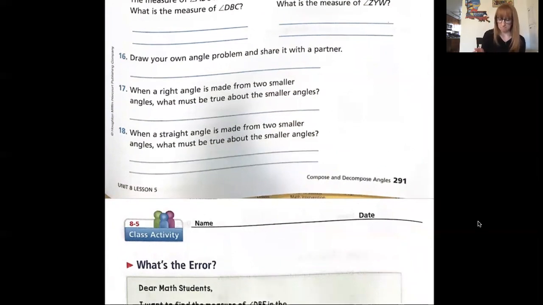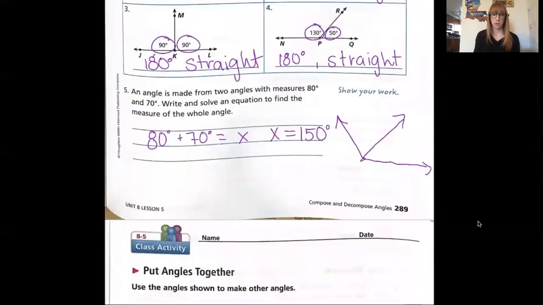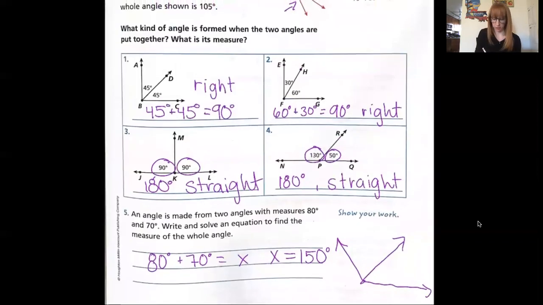For 17, when a right angle is made from two smaller angles, what must be true about the smaller angles? If we go back to number 1 and 2, we have two right angles. They're both split into two smaller angles.